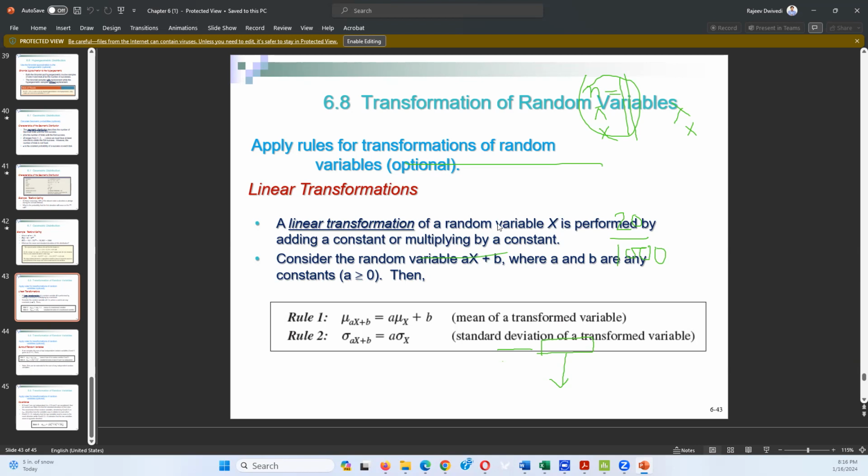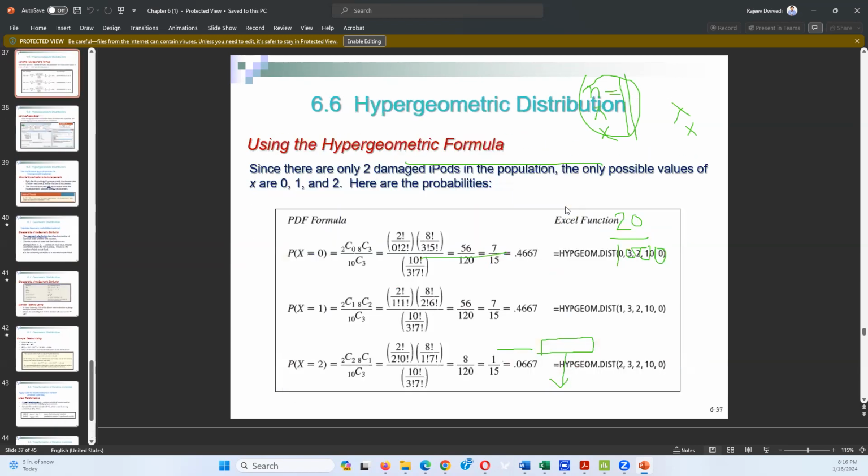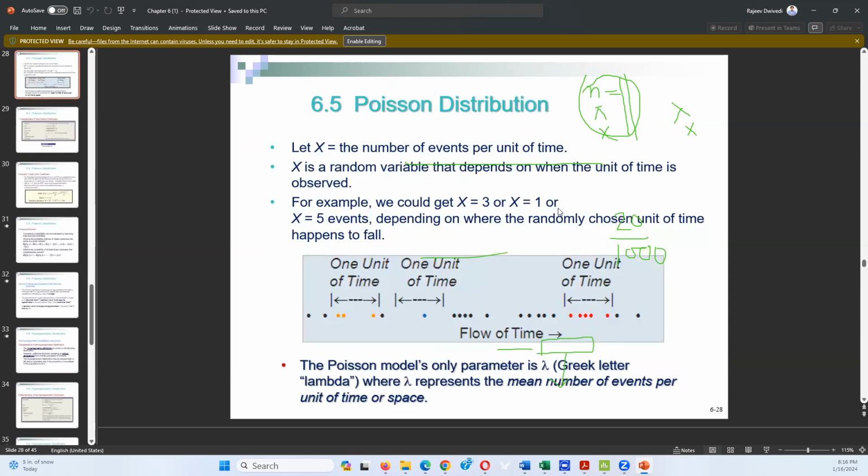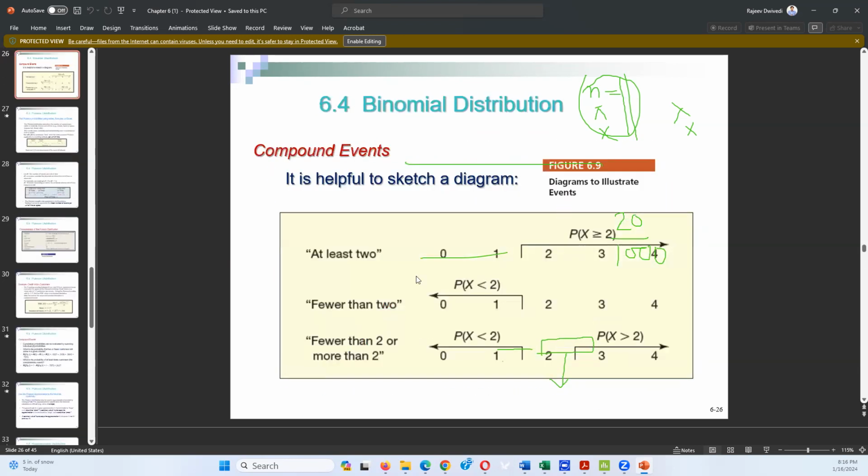Always people make mistakes related to the X value here. For example, with at least 2, or less than 2: if somebody asks less than 2, they use the X value up to 2. They don't use X value 1. If it asks less than, then you need to go to the previous value. So here the X value is 1.